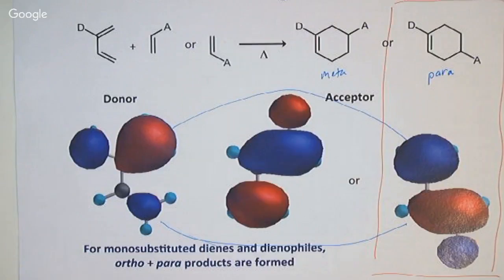Now, if this is maybe not something that's so easy to do, right, you've got to model what the highest occupied and the lowest unoccupied molecular orbitals look like of your starting materials. You can also rationalize this by resonance or valence bond theory. Okay, and so the idea here is, just maybe bring this up just a little bit.